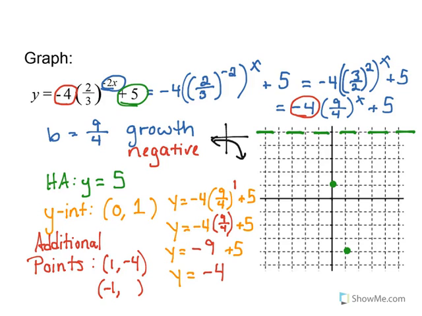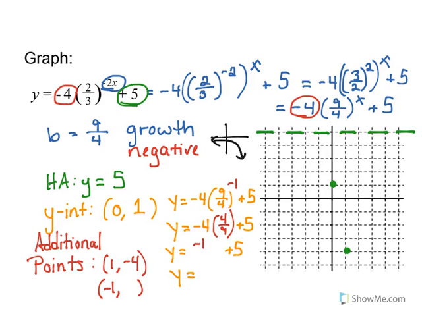Now I want to go back, and I'm going to plug in negative 1 and see what I get there. And then we should have enough. Each exponential graph should have a minimum of 2 points, but really you should have 3 to get an accurate shape. If I plug in a negative 1, 9/4 to the negative 1 power means do the reciprocal of 9/4 to get 4/9. And uh-oh, now we're going to have to deal with a fraction.